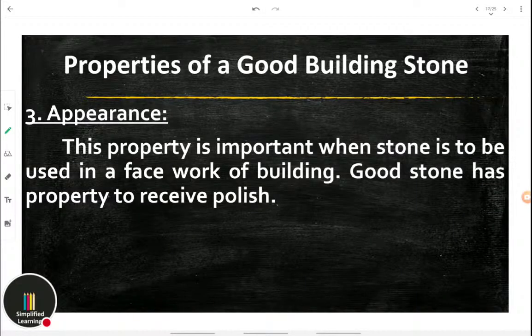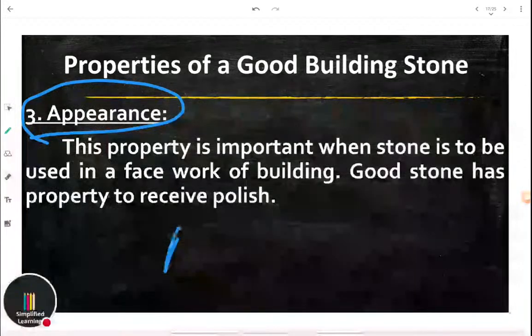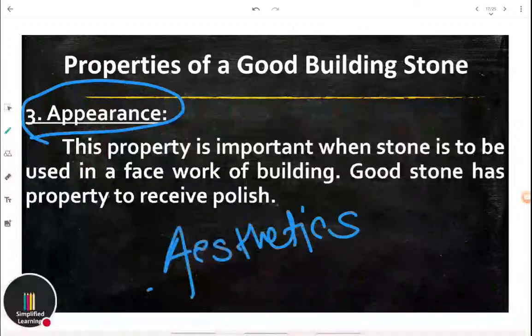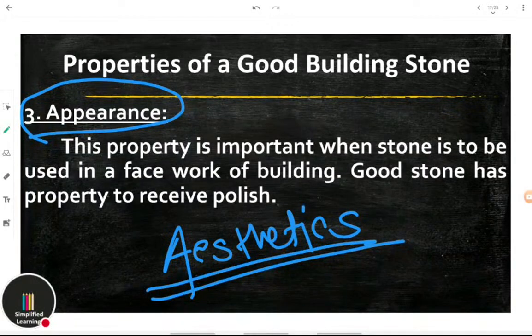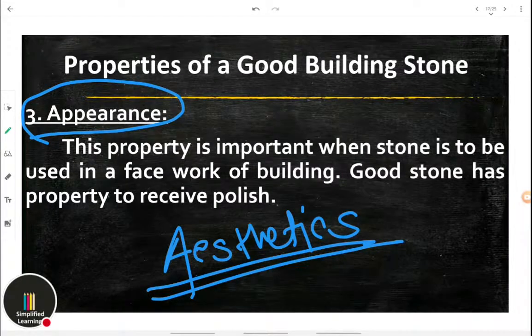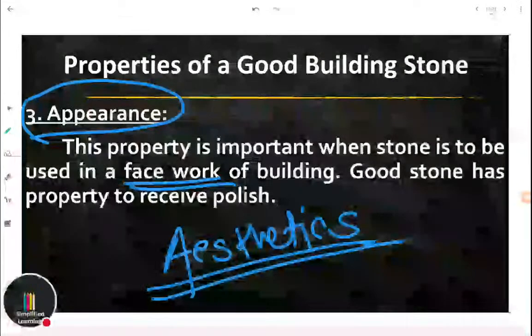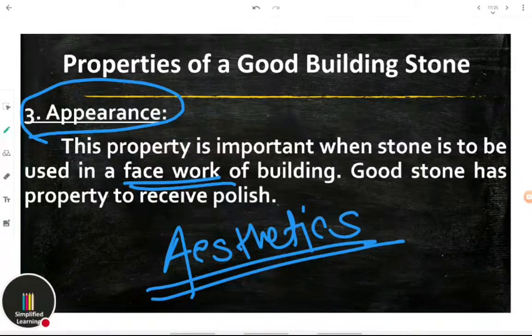Appearance. When we talk about appearance, we are specifically focusing on the property of aesthetics. Aesthetics is the property of stone that we are focusing on here, when the building stone is to be used in face work. Face work means appearance; the appearance of the building is prominent in the elevation.